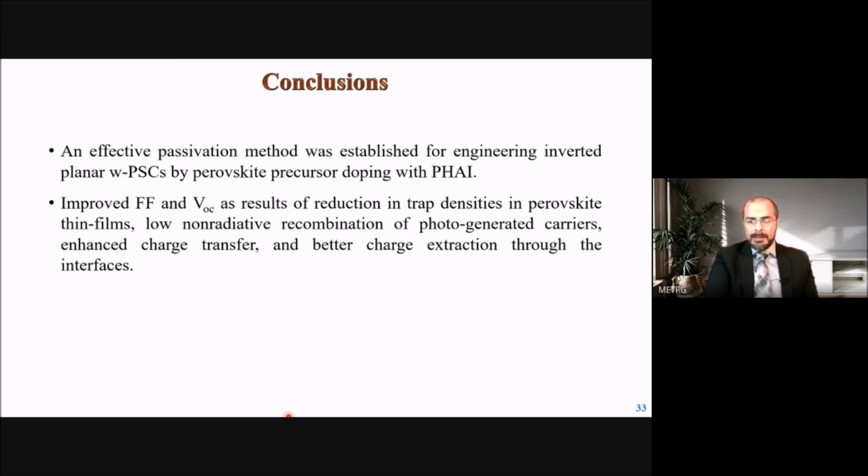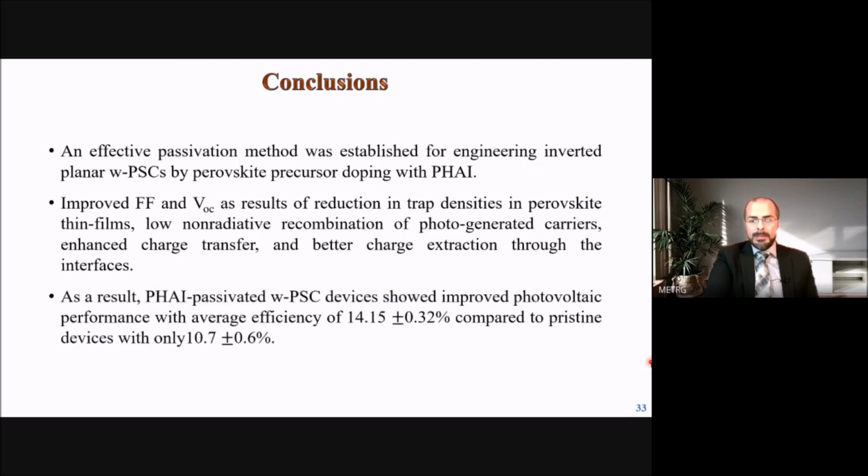Because of this treatment, we reduce the non-radiative recombination of photogenerated carriers and enhance the charge transfer from one side to another. Better charge extraction through the interface and better performance.